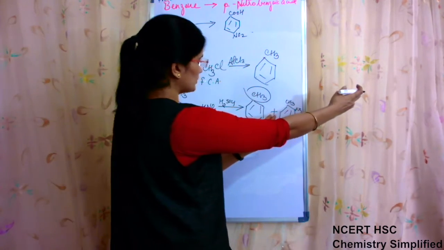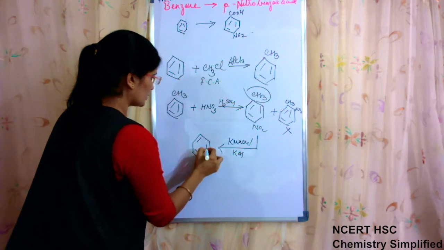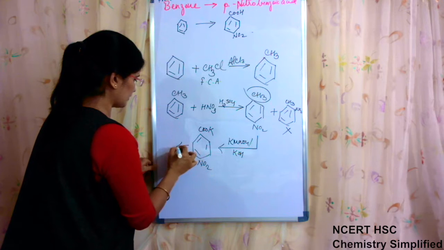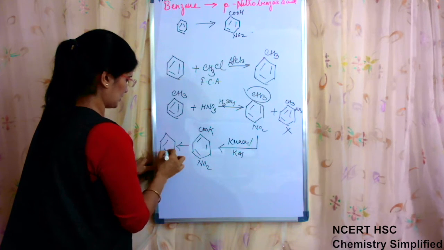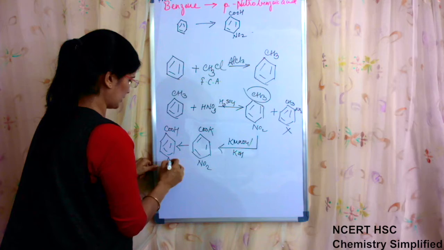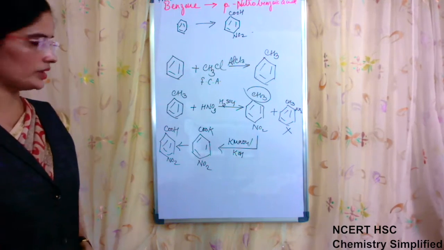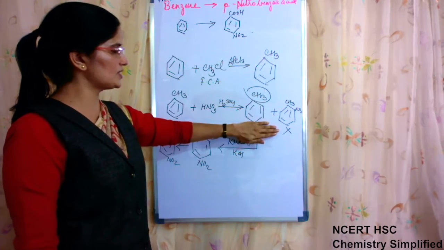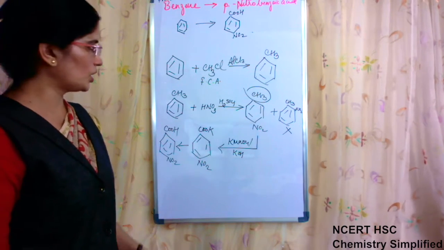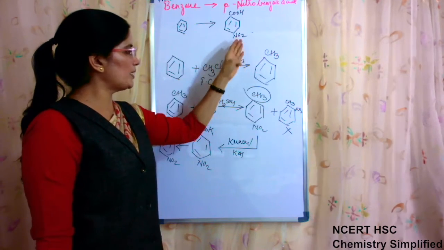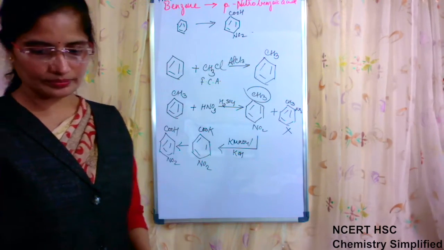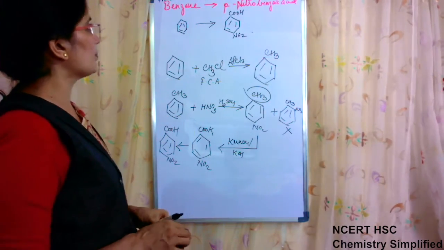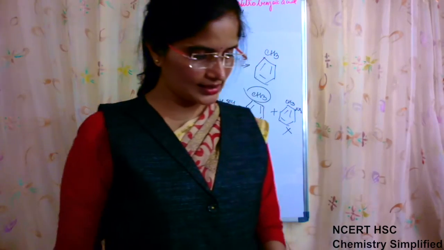Whatever is the length of the chain, it's always converted into COOK, and then on hydrolysis in the next step it is converted into COOH, NO2. Okay, so this reaction will help us in direct conversion of methyl benzenes into acids. So now, according to the requirement, we have used this reaction this time. Clear? So from benzene, para-nitrobenzoic acid.